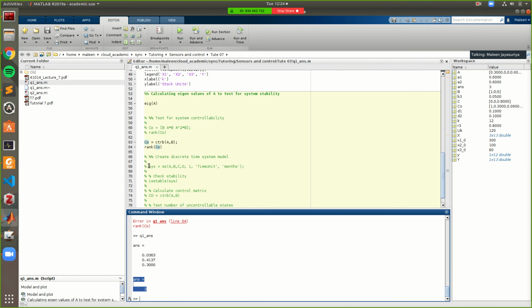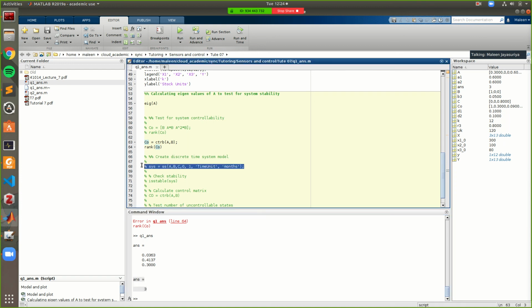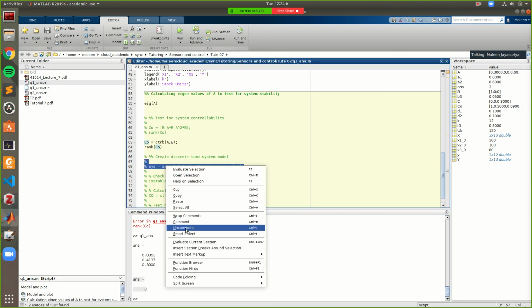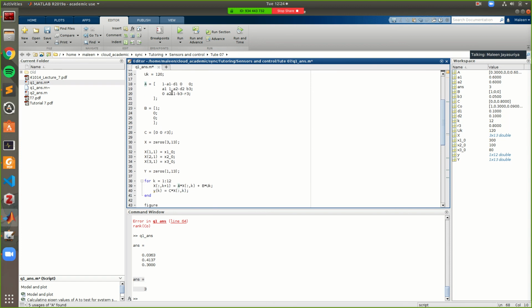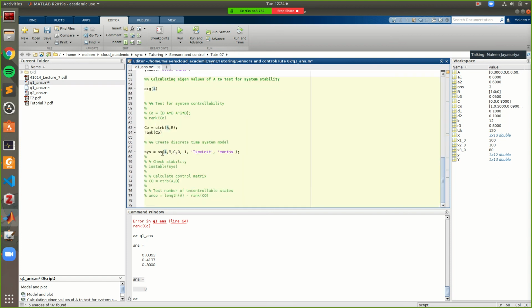We can also use the state space function that we saw in the previous couple of classes in MATLAB, passing the matrices that we defined here as inputs to define a MATLAB state space model. We did this previously using a continuous time system, but the same applies to discrete time systems as well.